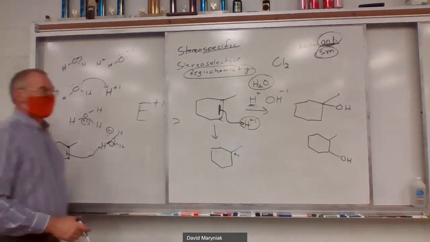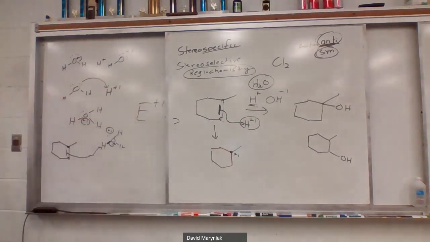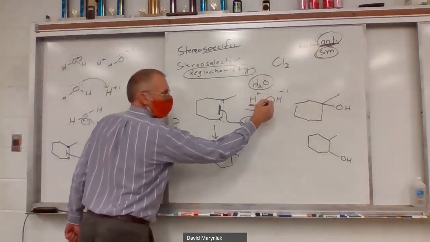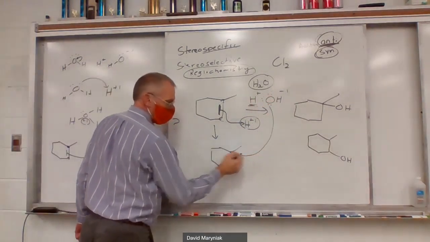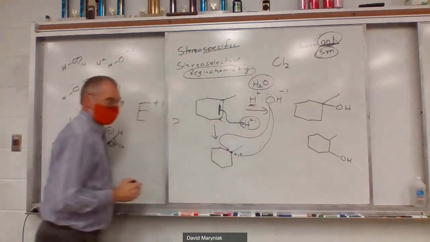And then in this carbocation intermediate, is it chiral or achiral? Not chiral, achiral. So when the OH comes back in, could it come in from that face or just as equally from the opposite face?